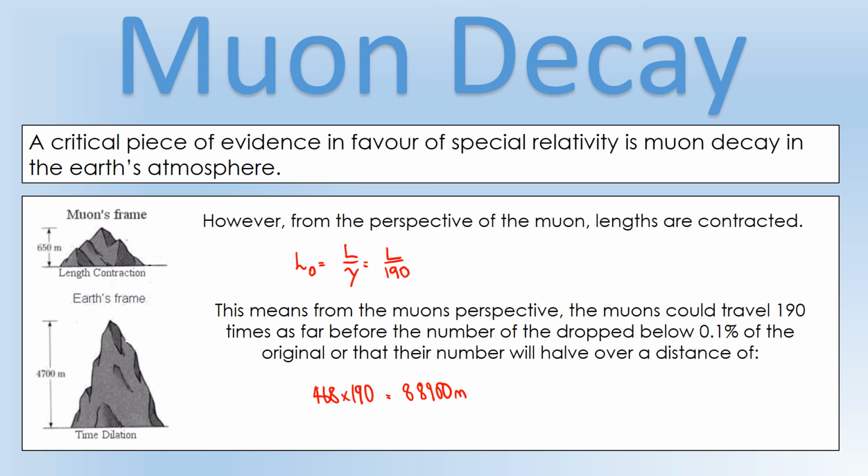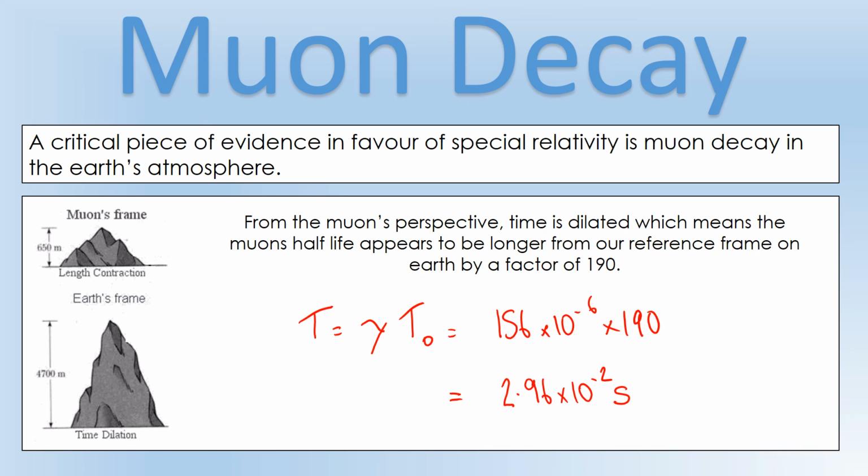Okay, so what does this look like from an observer on the Earth, so outside of the reference frame of the muon? So remember, from the muon's perspective, time is dilated compared to an observer on the Earth. So to us, looking at it, it appears that the half-life is 190 times bigger, because the muon's seconds are 190 times bigger, effectively.